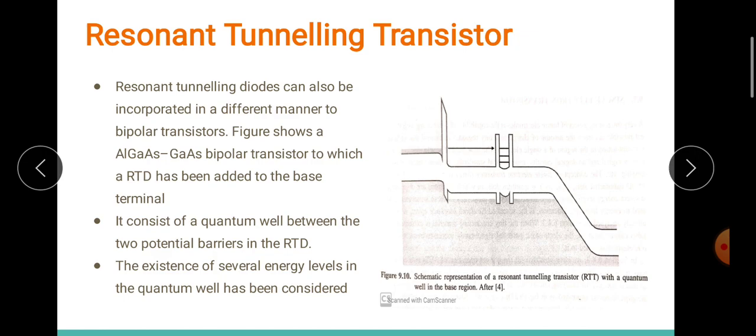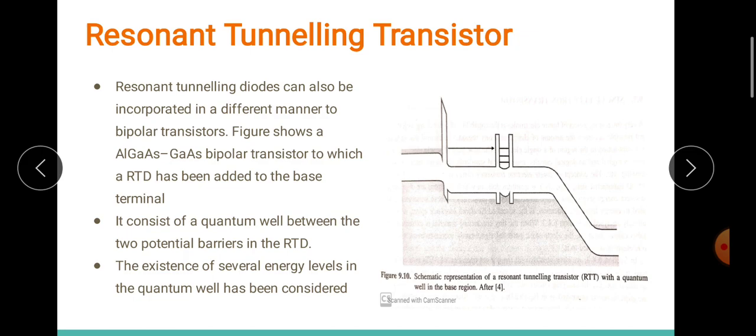So what we have seen is how we form a resonant tunneling transistor. From the name itself we guessed it is something related to resonant tunneling, which means you have a resonant tunneling diode, RTD, along with a BJT or FET or hot electron transistor. This combination can give you a resonant tunneling transistor.